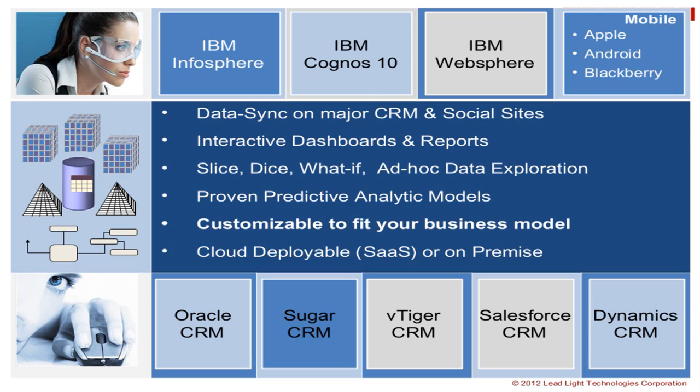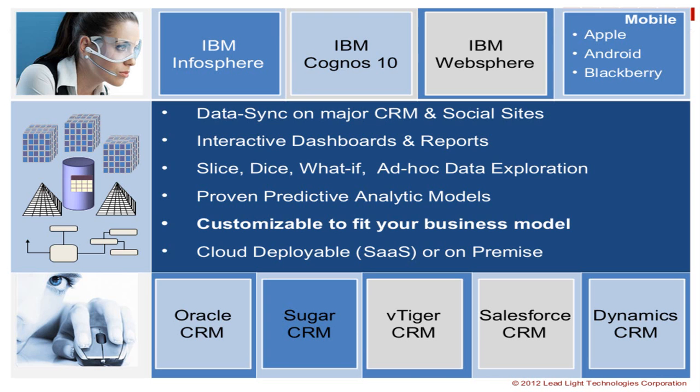Now, the predictive engine is for lead scoring and segmentation, but we also include optimizing the assignment of leads to the proper sales rep and the proper territory. And we do this by using tried and proven enterprise-class IBM technologies. They're deployable on-premise or in the cloud. And, of course, we couple all of this with our consulting and customization services to fit the business niche.